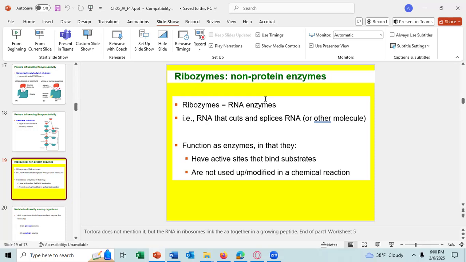And I actually know of another one if you want to know, but for example, I've stated that they can cut and splice RNA. So other RNA enzymes can cut the RNA, others can splice the RNA together. So those are something that they can do.